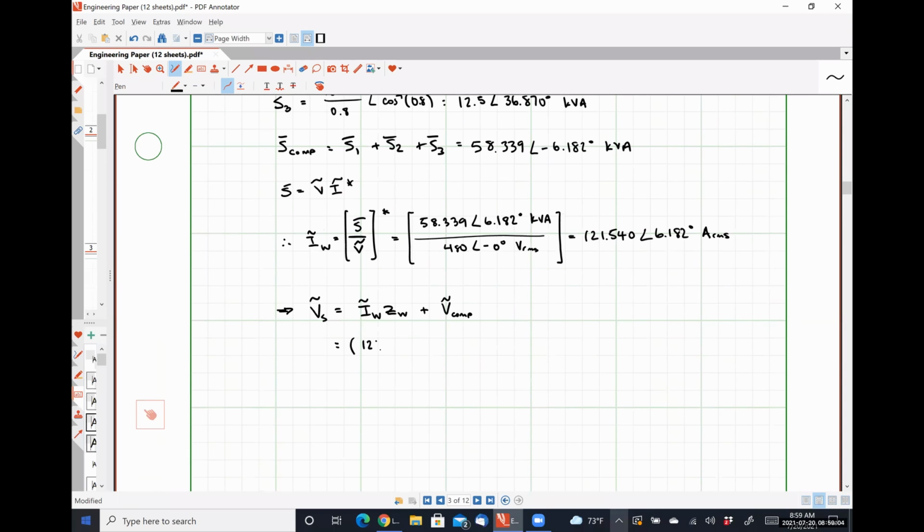So 121.540 angle 6.182 degrees amps, times 0.1 plus j0.2 ohms, plus 480 angle 0 degrees RMS.